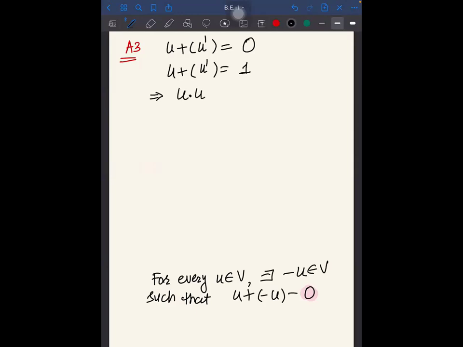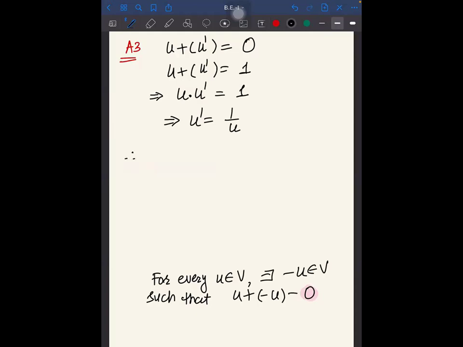It will get converted into the product form because that's what we have been given. So now here u dash is what? 1 by u. So instead of minus u, in this particular case, we have the additive inverse equal to 1 by u. Why? Because the additive thing has been converted into the product thing, right?